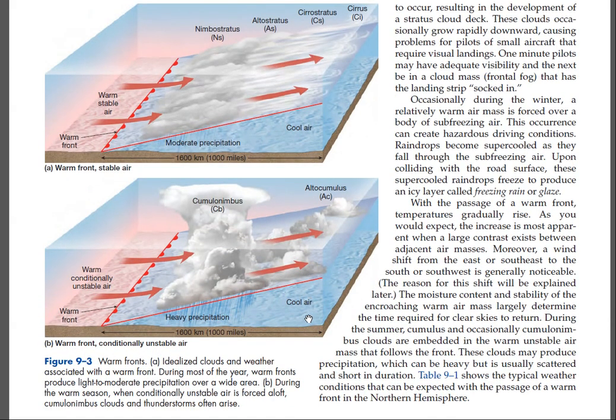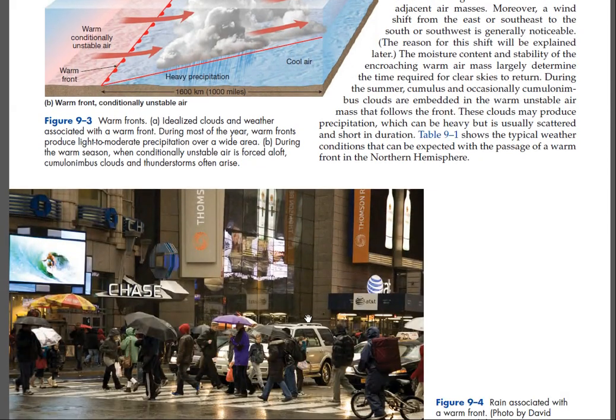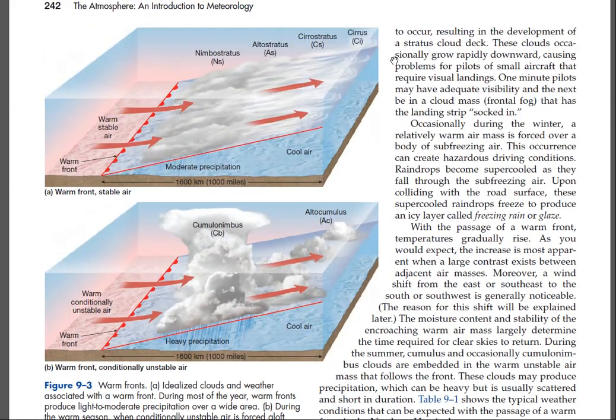These clouds occasionally grow rapidly downward, causing problems for pilots of small aircraft that require visual landings. One minute pilots may have adequate visibility and the next be in a cloud mass, frontal fog, that has the landing strip socked in. Occasionally during the winter, a relatively warm air mass is forced over a body of sub-freezing air.